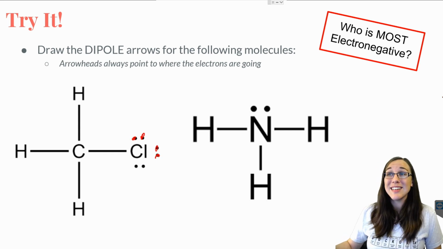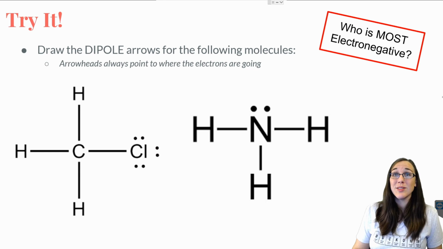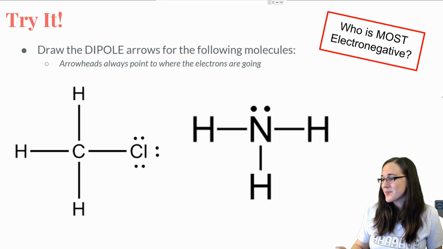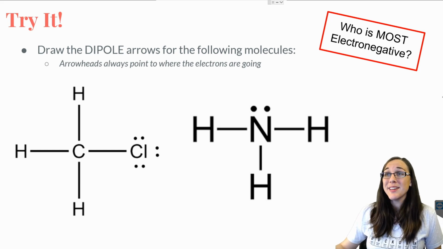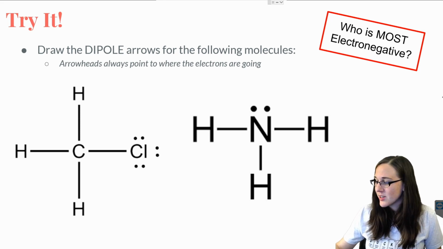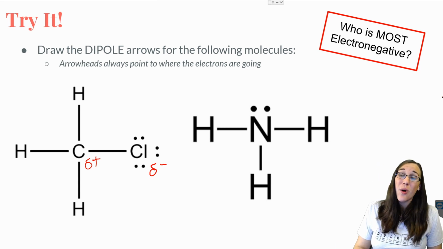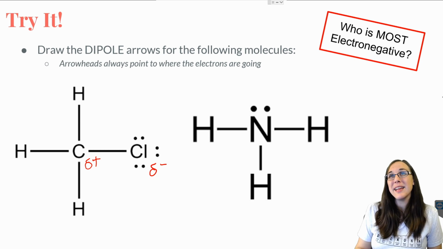Again, those dots are indicating electrons. We'll talk about Lewis dot diagrams at a future lesson, and you'll understand why those dots are there. So between carbon and chlorine, chlorine would be slightly negative, whereas carbon would be slightly positive. That's not the only bond we have, though. We also have carbon and hydrogens.